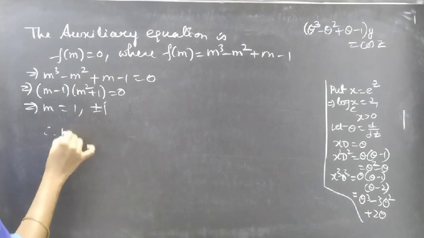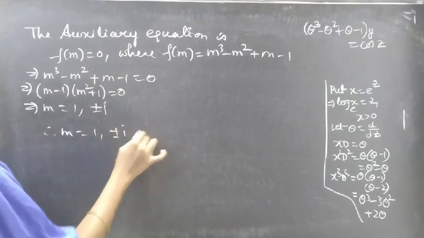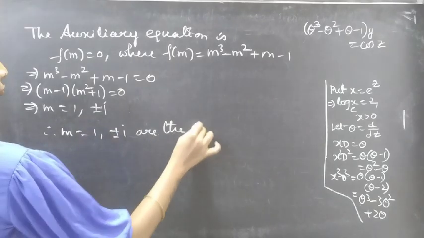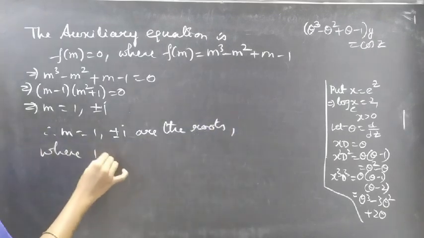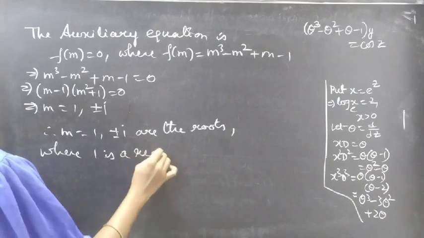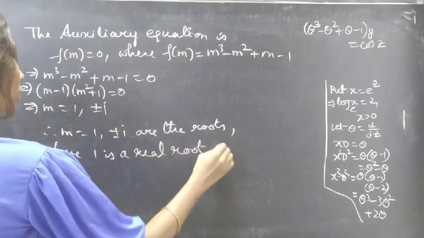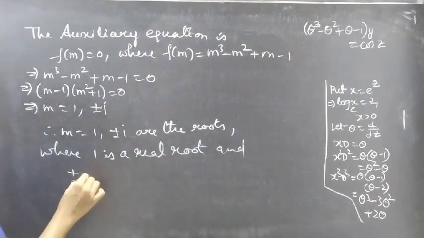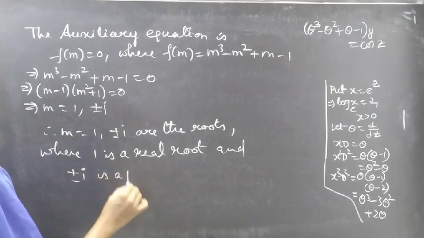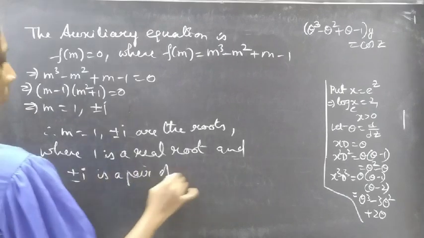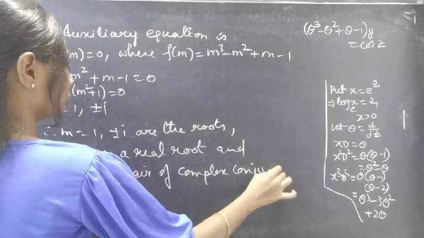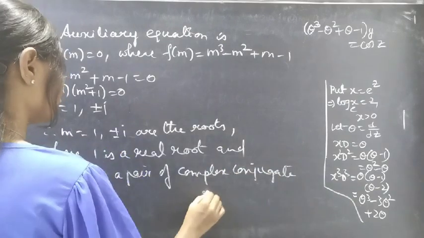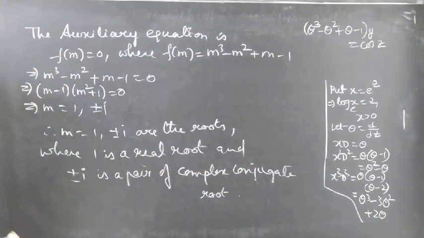Here, 1 is a real root and plus or minus i is a pair of complex conjugate roots. Okay, fine.